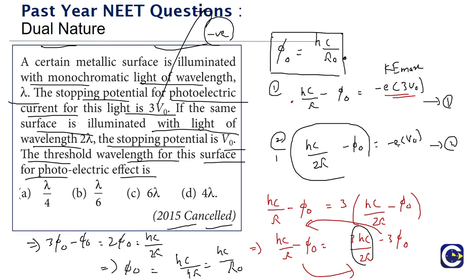That is the relation. So hc is cancelled, and lambda naught is equal to 4 times lambda. So what is the answer for this? It is option D, the threshold wavelength lambda naught is equal to 4 times lambda. Again, this is also a question based on Einstein's equation.